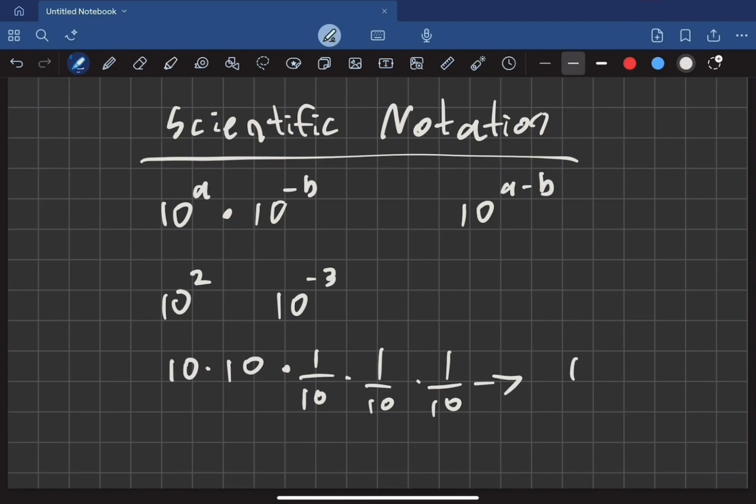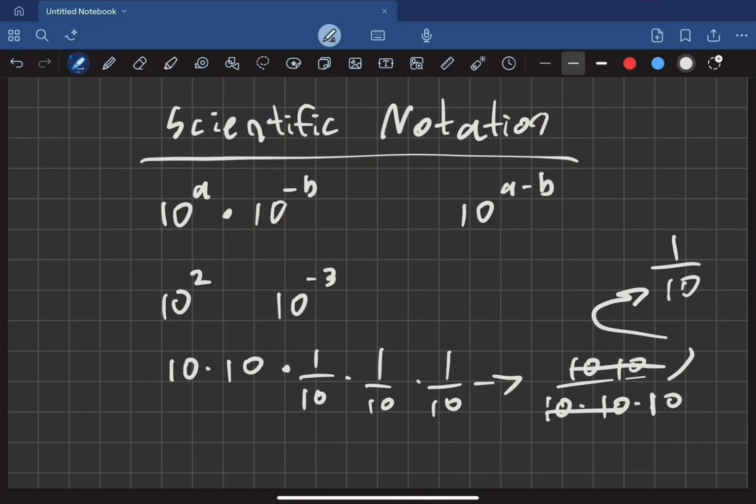That turns into 10 times 10 over 10 times 10 times 10. We could cancel those 10s. We'll be left with 1 over 10. And that just equals 10 to the negative 1. And as we've seen, 2 minus 3 is negative 1.